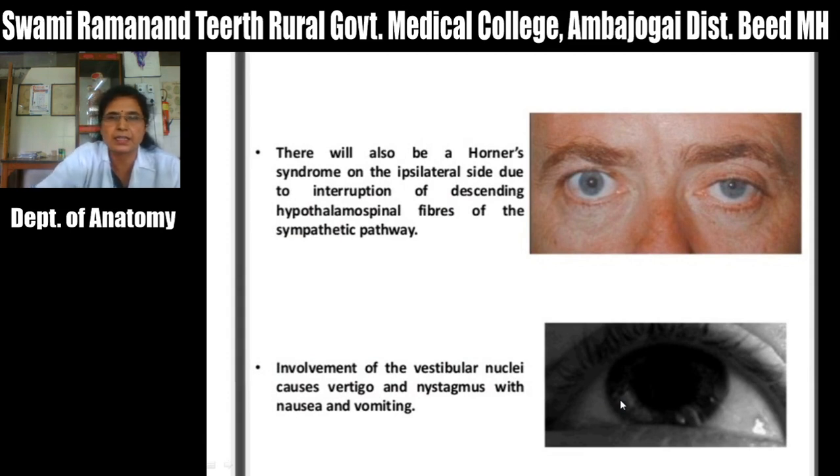Other signs and symptoms in this syndrome: there is damage to the hypothalamo-spinal fibers, and due to this damage there is Horner syndrome on the ipsilateral side, due to the interruption of descending hypothalamo-spinal fibers of the sympathetic pathway.